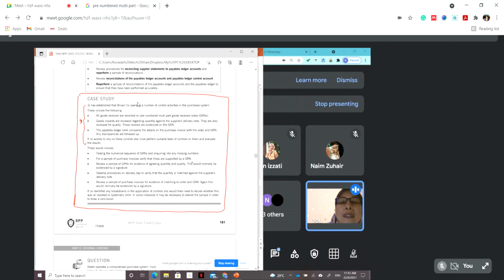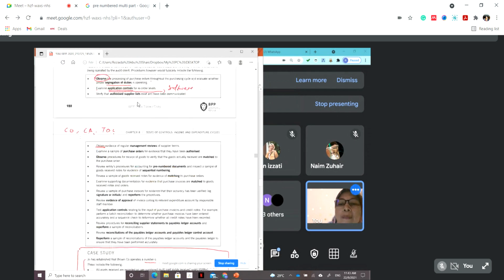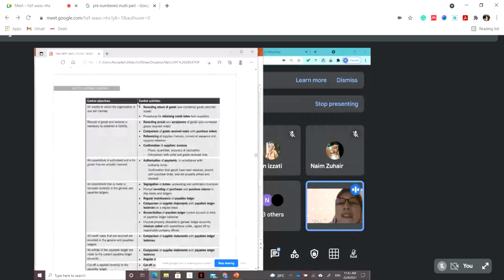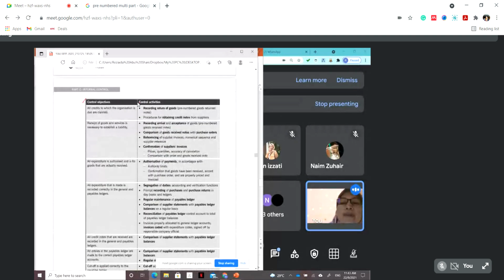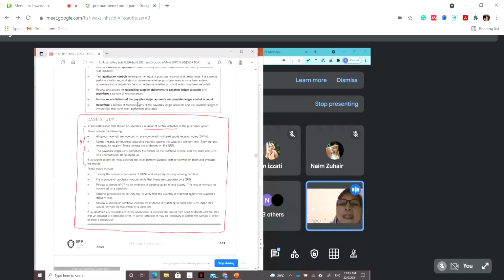So this is a number of control activities. Remember, in our discussion just now, the book tells you what the control objective and control activities are. So here, Joe Price has listed out what control activities exist in the purchase system of Brown and Co. These are all the narrative.